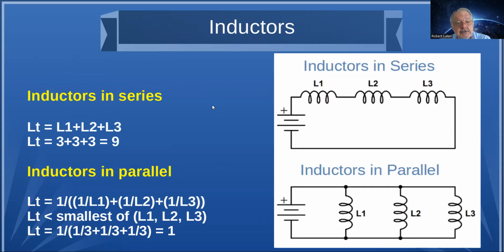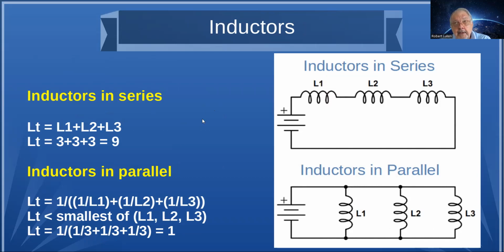When I'm doing them in parallel, I just simply add them. When I do inductors in series, they just add. In parallel, it's the old reciprocal of the reciprocals. So in this case, they were all the same, 3 somethings. Okay, so it turned out to be 1.